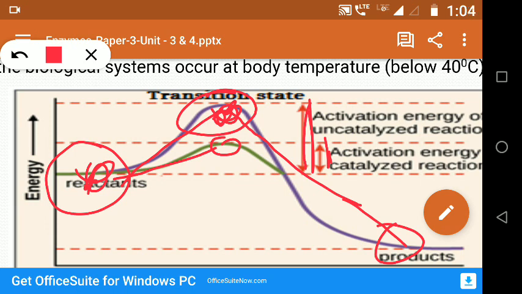Therefore, because of the reduction in the activation energy, the energy required for the substrate to become the transition state is reduced. So the enzymatic reaction is very fast, and it requires very little energy to complete.